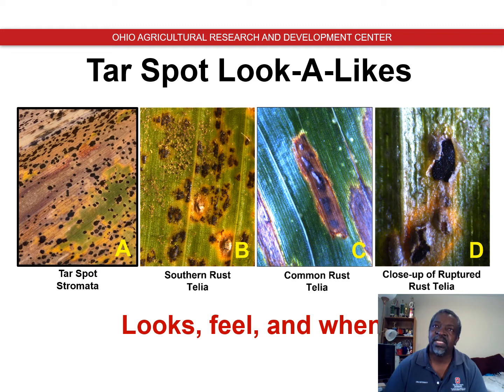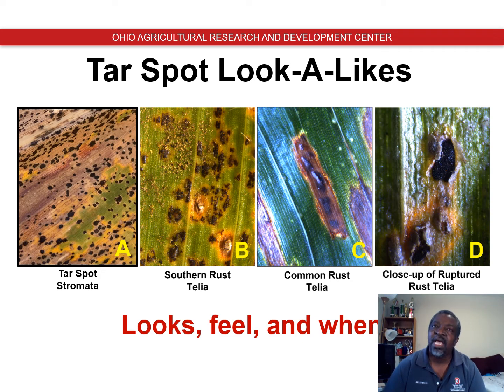The difference is if you push hard on these pustules, they're going to rupture, and that's what figure D is showing, ruptured rust pustules. If you push on tar spot with your finger too hard, it's not going to rupture. You're not going to see spores. So that's basically one of the ways of telling the difference between rust pustules and tar spot.